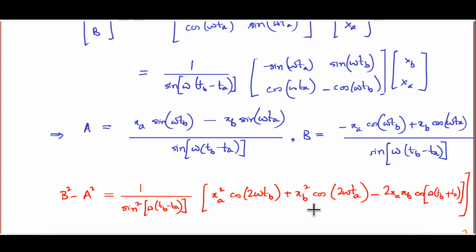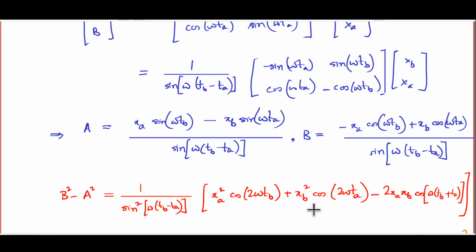But let me just focus on xa square, which you get from B square and A square. B square minus A square is going to have cosine square omega Tb minus sine square omega Tb. That, of course, is cosine 2 omega Tb. Very similarly, xb square can also be seen to have the same or similar coefficient, cosine twice omega Ta.